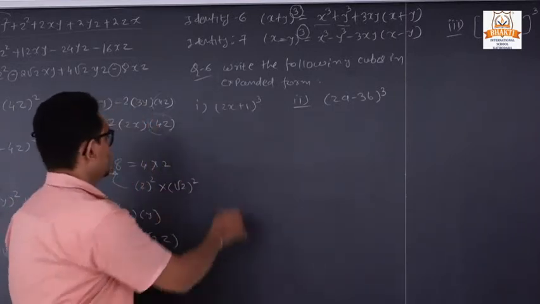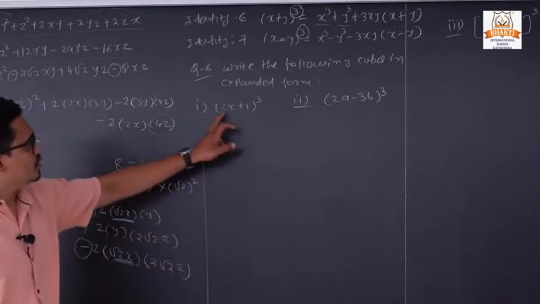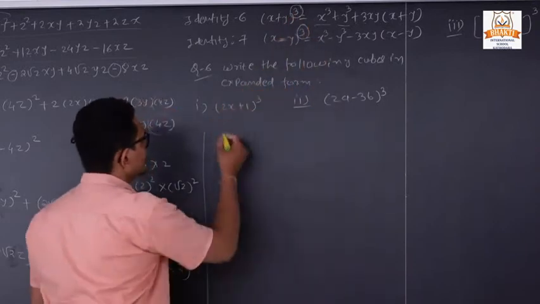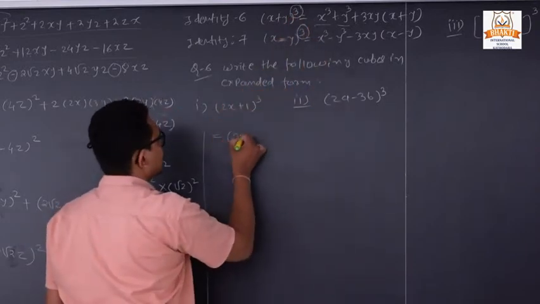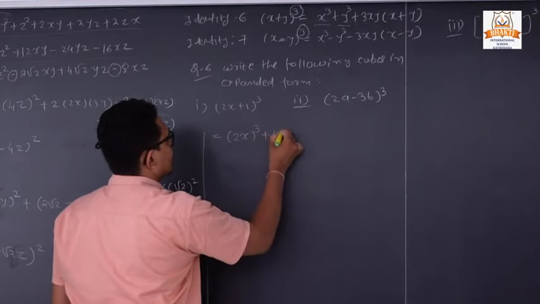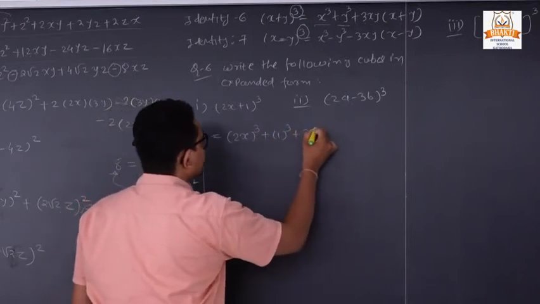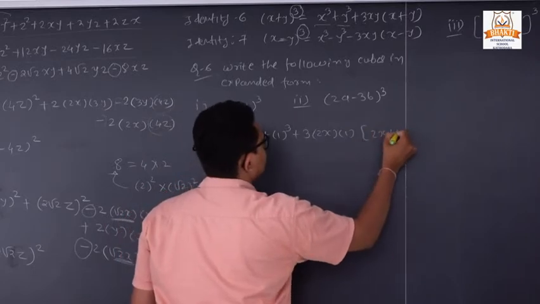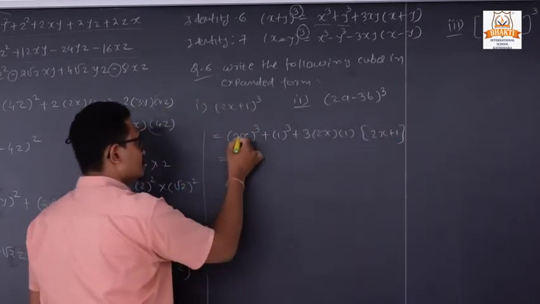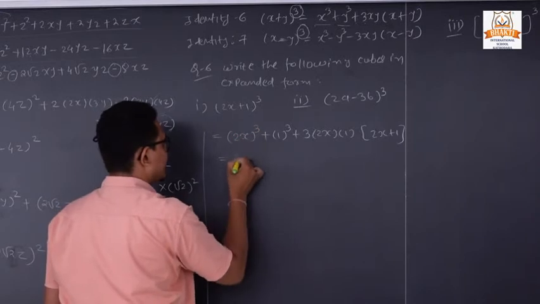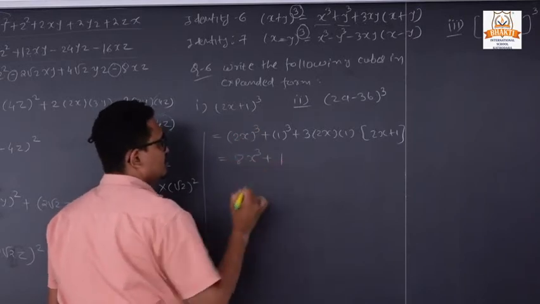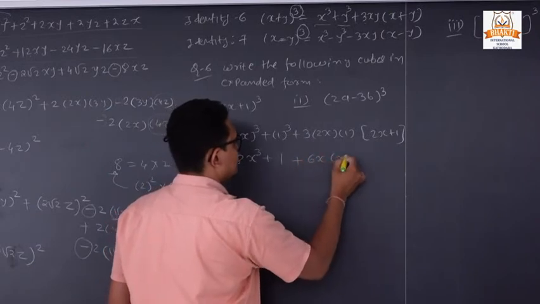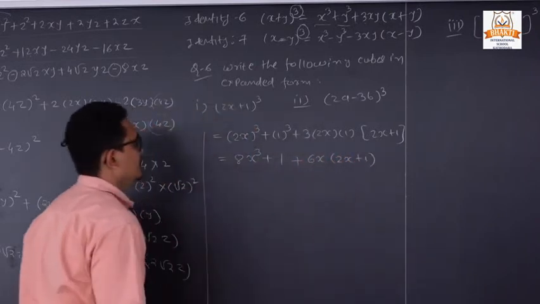So see our question number 1, 2x plus 1 all cube, so it is identity number 1. We can write it like that: first term all cube, second term all cube, 3 first term into second term in bracket first plus second. So 2x all cube, 2 cube is 8, 1 cube is 1, 3 times 2 is 6x in bracket 2x plus 1.